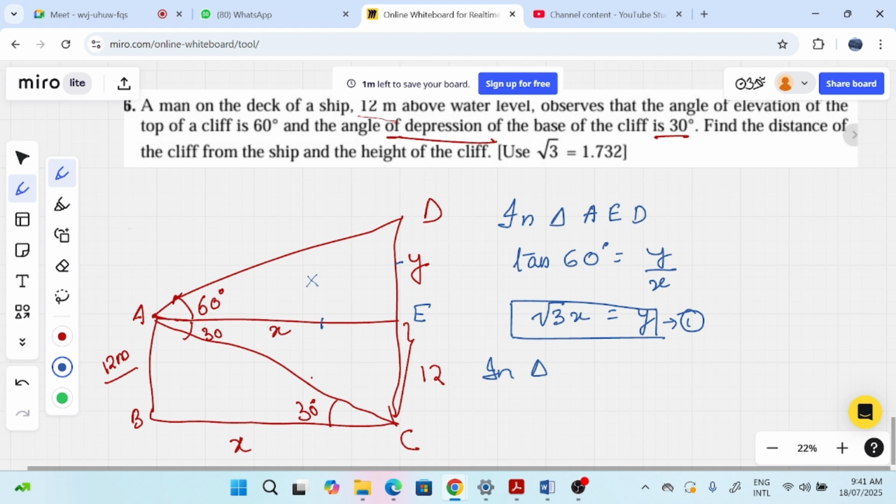Ma'am, I used cot in this instead of tan. Ma'am, first I did tan 30 is equal to DC by AD. No, I'm saying with respect to my diagram. Ma'am, I didn't understand, because I did it in a different method.